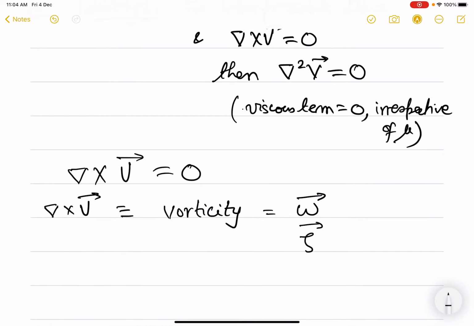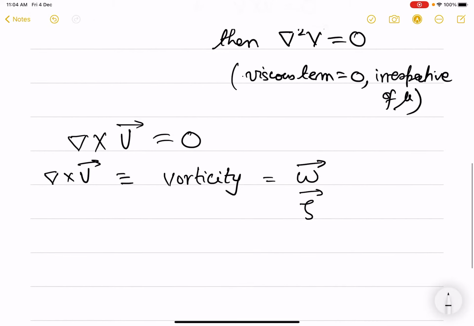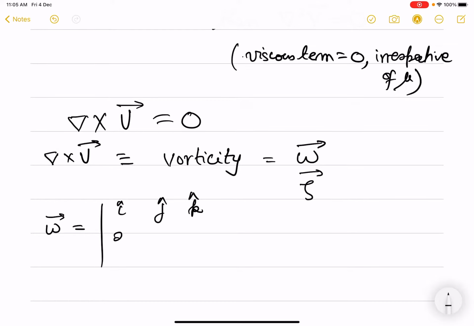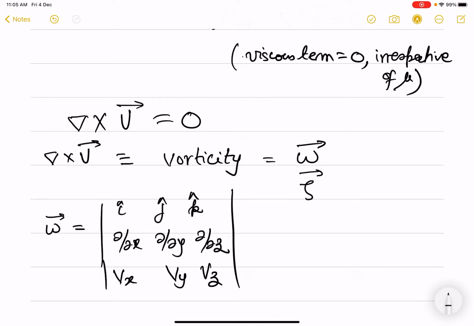So we will use the symbol omega, and the vorticity is del cross V. In Cartesian coordinates, this will be equal to the determinant with i, j, k, d by dx, d by dy, d by dz, Vx, Vy, Vz. For other forms, you can refer to the handout.